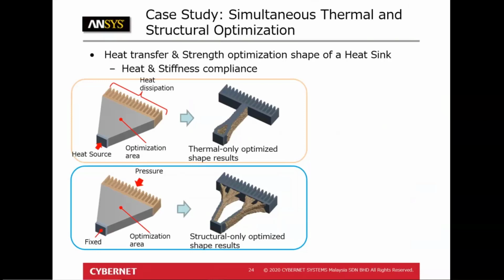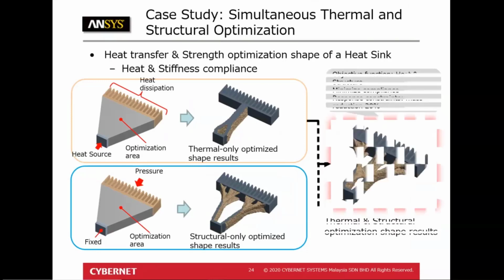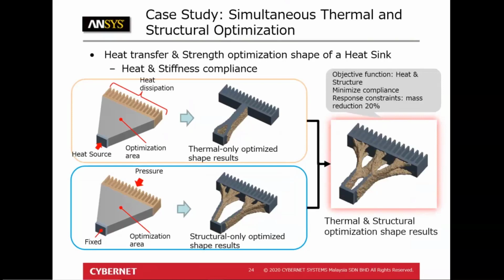So when you take into account both thermal and structural performances, the resulting shape will look like this. So basically, this shape is optimal for both having a good structural integrity while having a good heat transfer capability as well.